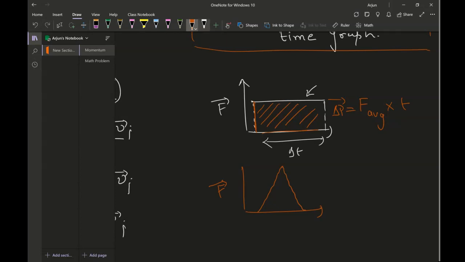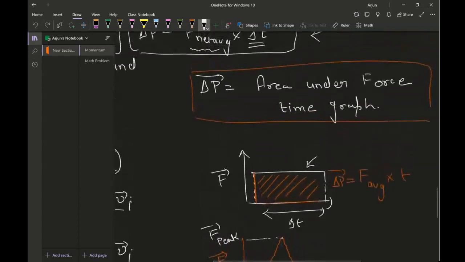In this case, there will be a peak force. The force maximizes at this point, F peak, and this whole incident is happening over this period of time, delta t. Now, area under the graph, as I said, I prefer this definition.